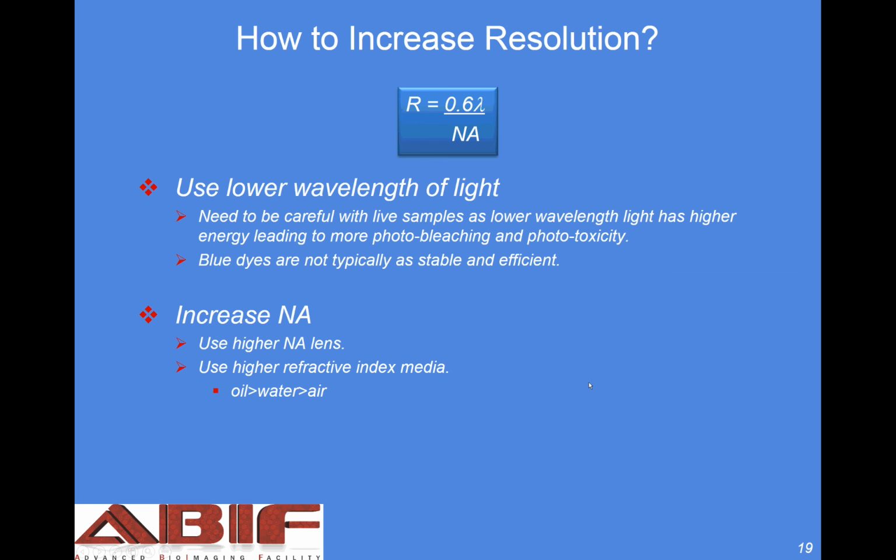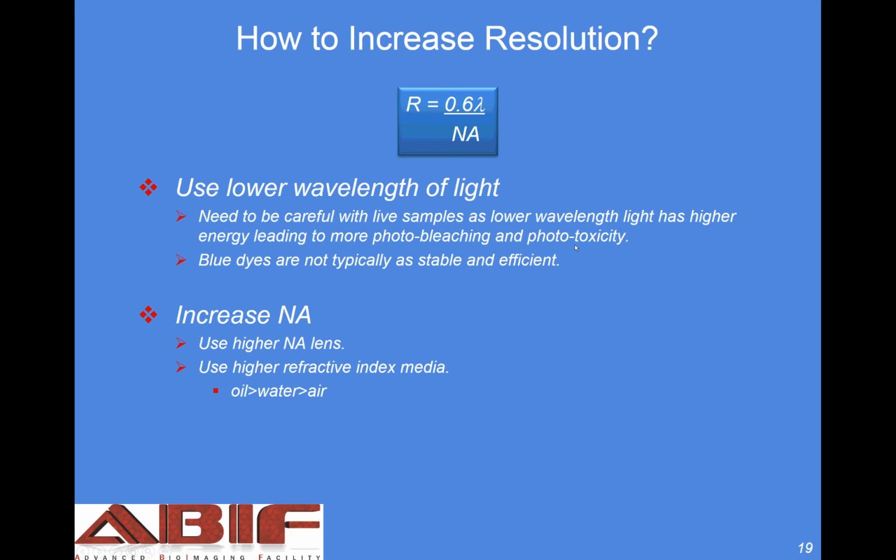So how can we increase resolution? If we want to use lower wavelength light, we could. So we could use this parameter here in the numerator, and we could move to, say, blue light. The problem with blue light is that blue dyes are not typically very stable or very efficient fluorophores, and we also end up with some photobleaching and phototoxicity.